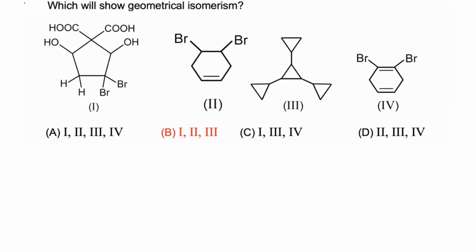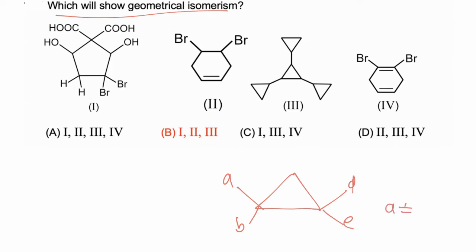In this question we have to find which will show geometrical isomerism. So for any cyclic compound to show geometrical isomerism, it must contain two sp3 hybridized atoms with individually different units. So if A is not equal to B and D is not equal to E, and these atoms are sp3 hybridized, then this molecule will show GI.